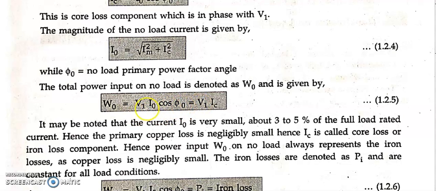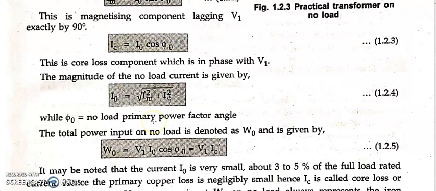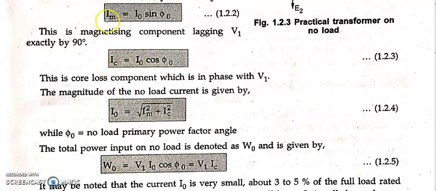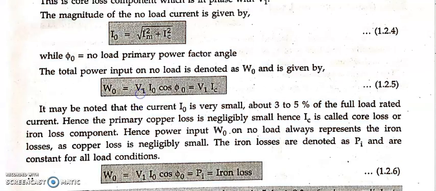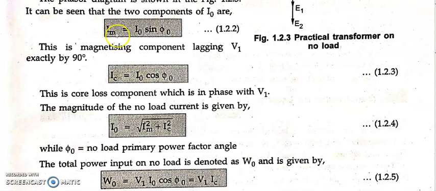So what happens here? We know that I naught is equal to IC plus Im. Since Im is very small, we are ignoring it, or making it 0. But IC is your wattful component and Im is your wattless component. I am treating Im as 0, but IC I will consider since it is supplying the losses.